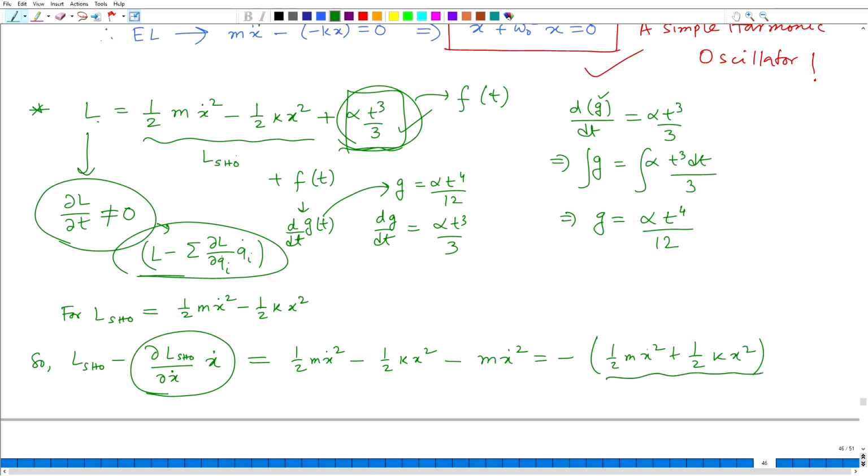This is the total mechanical energy for a simple harmonic oscillator, which is conserved. We can directly show this conservation also from the equations of motion.